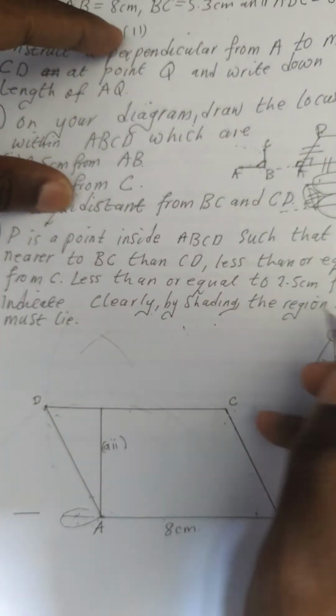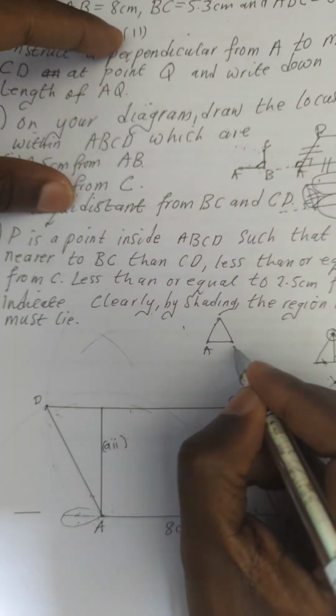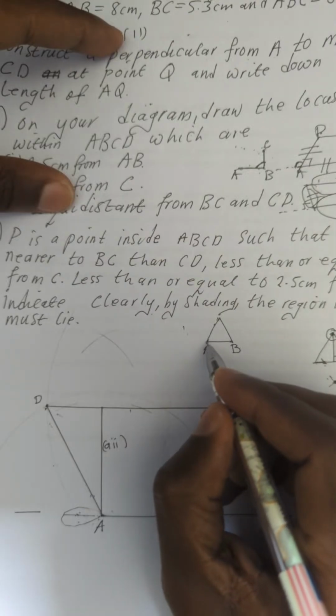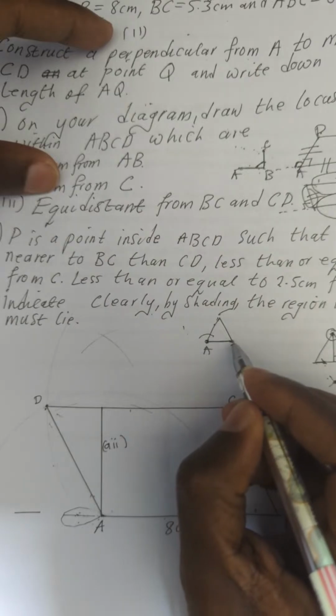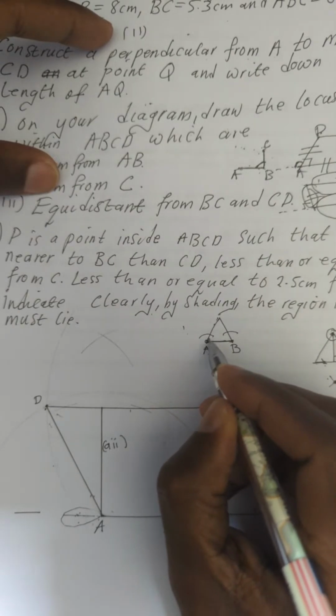Remember from the last lesson, if you have a triangle like this, you want points that have an equal distance from AB. You stand here, do an arc, stand here, do an arc, stand in between.